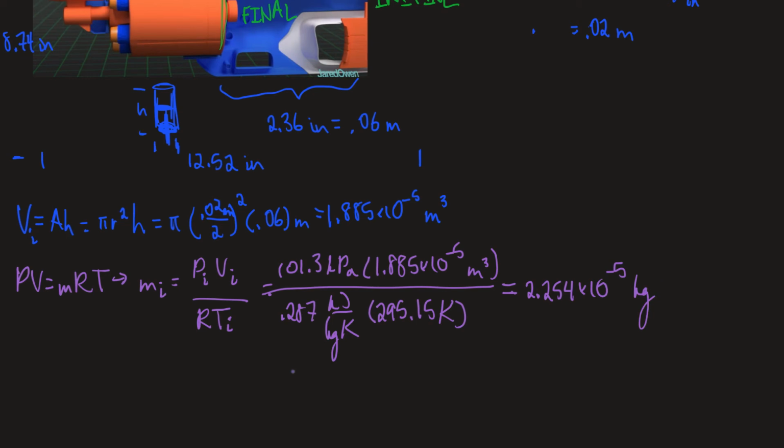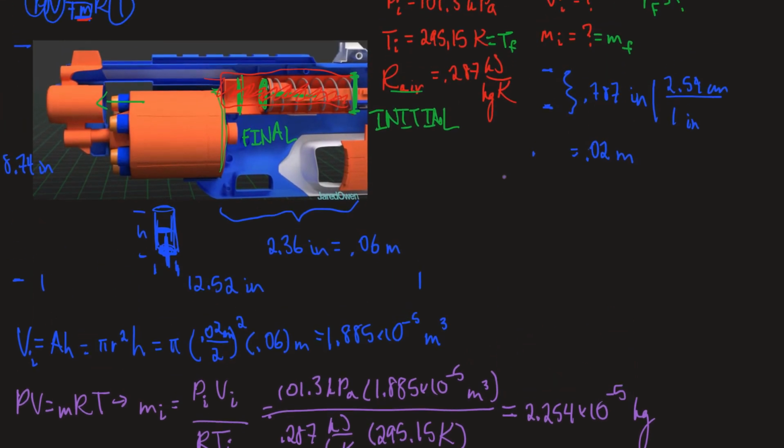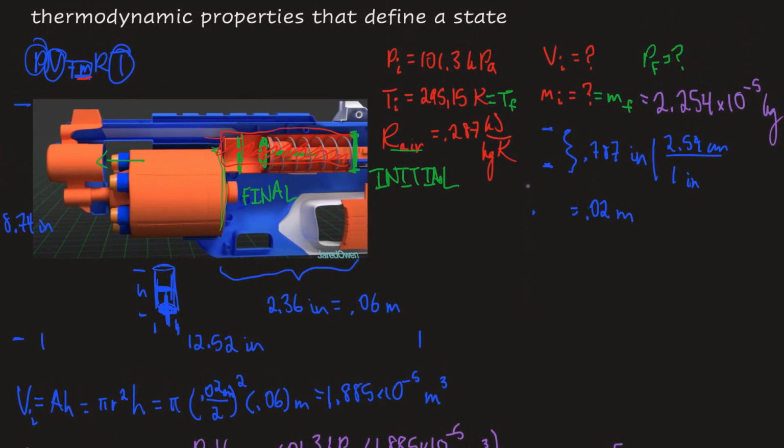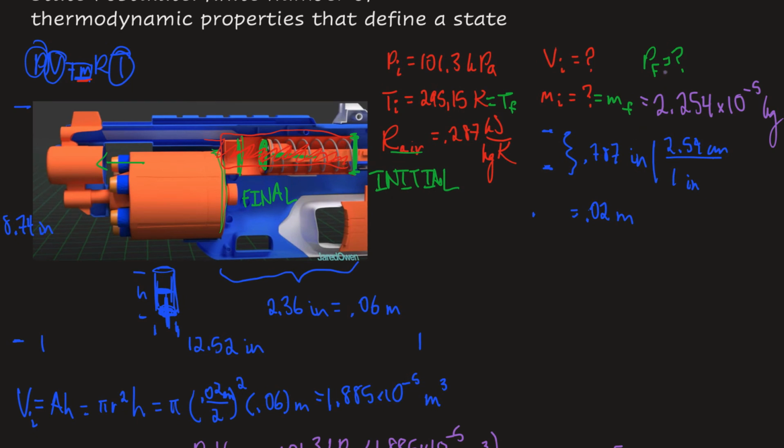Awesome. Now we can fill in one of the things that we now know. So this mass now is going to be 2.254 times 10 to the negative 5 kilograms. So all we need is this final pressure.